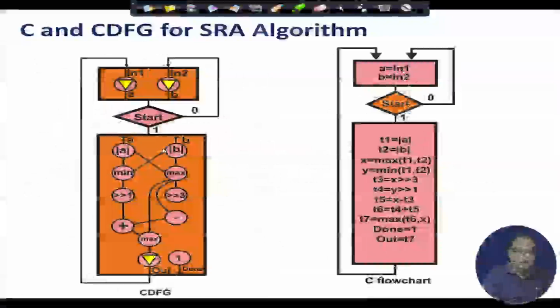So, absolute finding of A and B: A and B are coming as input here, then min, max, shifting, addition, subtraction, max computation, then we send 1 to done as the controller output, and the output comes here, and that is my CDFG.